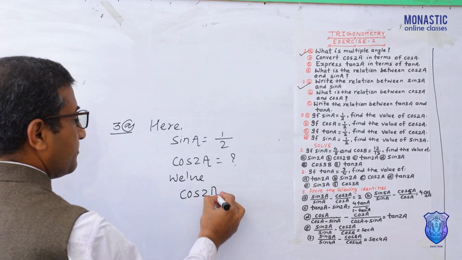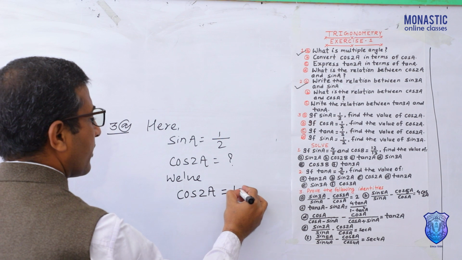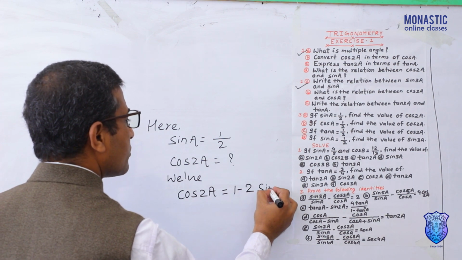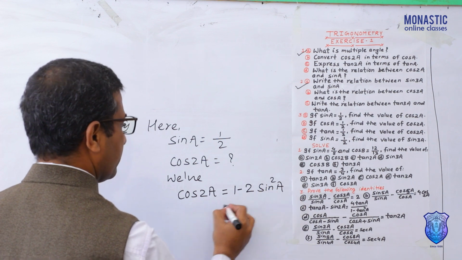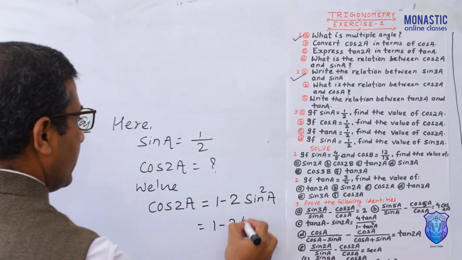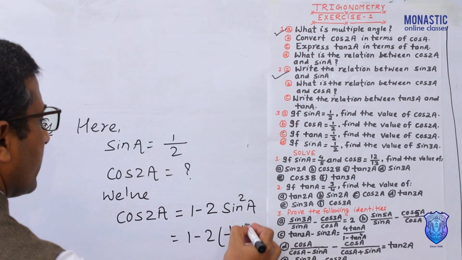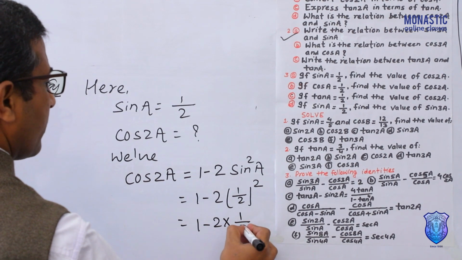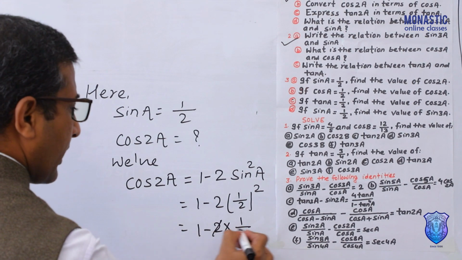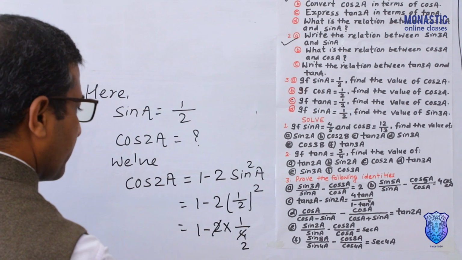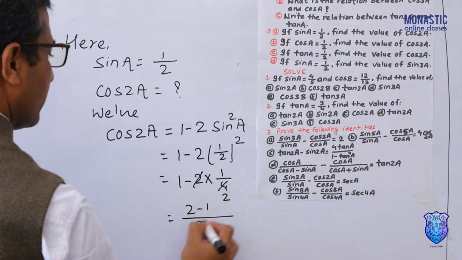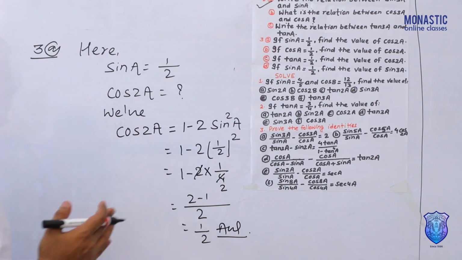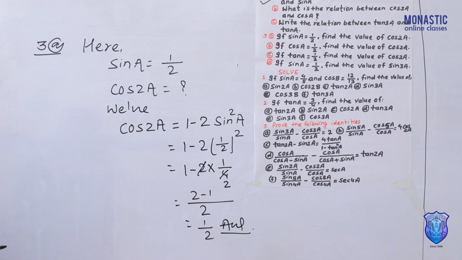So we know the formula of cos 2A is 1 minus 2 sin square A. Sin A value is 1 by 2, whole square, that is 1 by 4. Cancel this, simplify, 2 minus 1, 1 by 2. That's the way to solve this question.